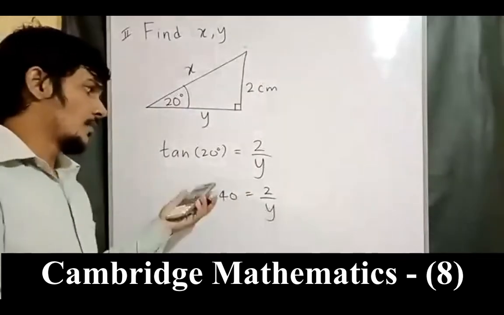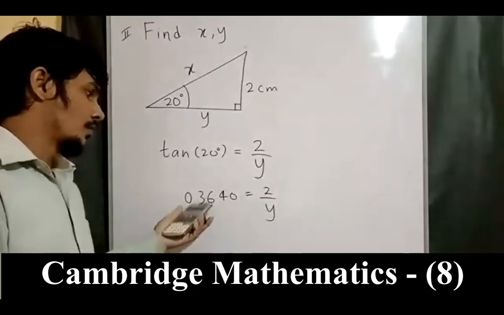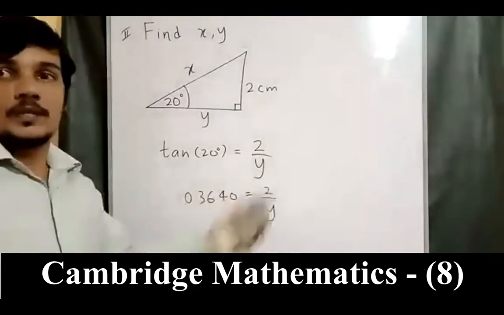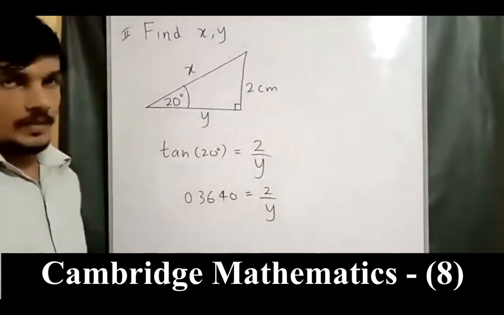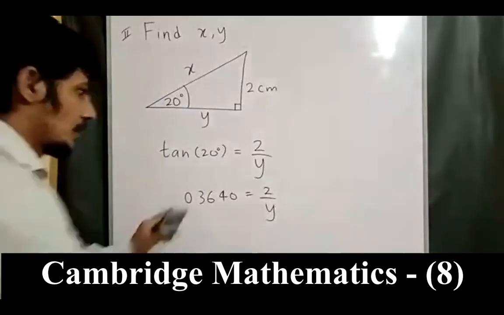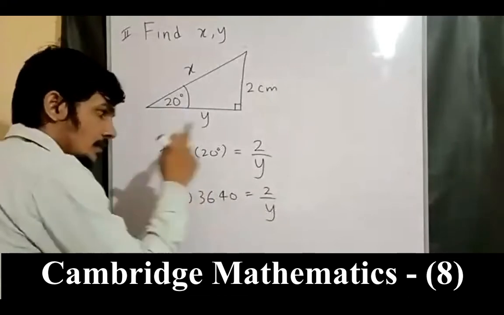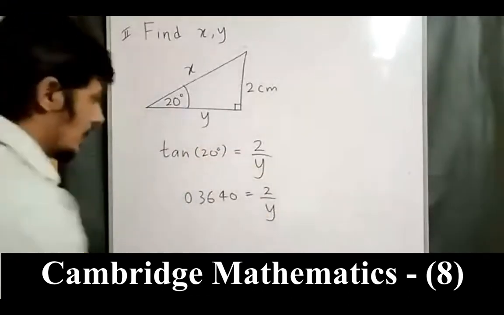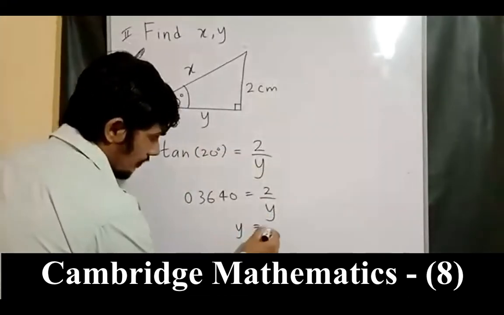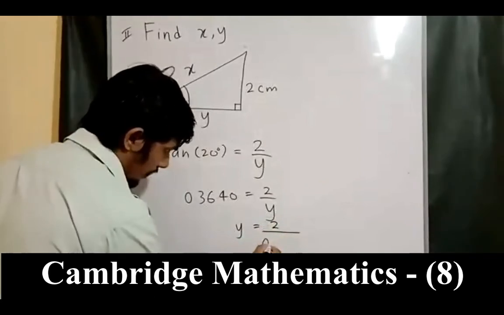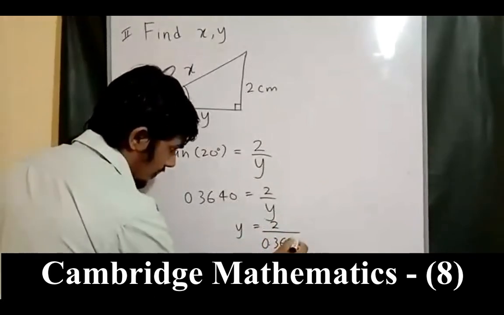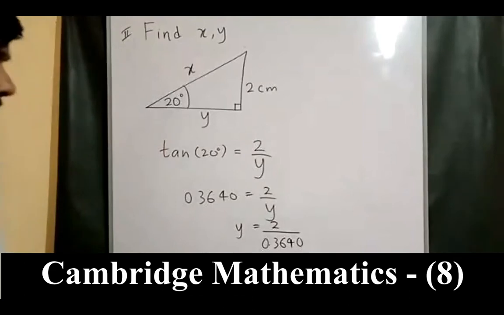If I cross multiply, this becomes 0.3640y. Rather than that, what you can do at once is swap these two: take y up, take this decimal answer down. You can do it like that. y equals 2 divided by 0.3640. Then you will get the answer quite easily.